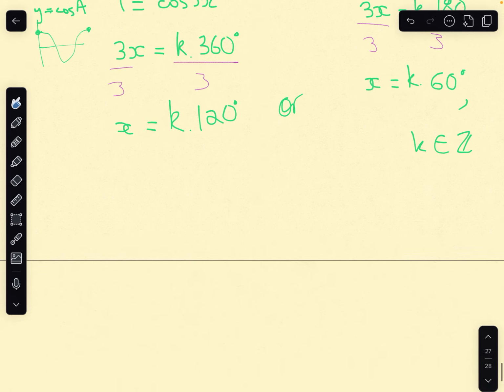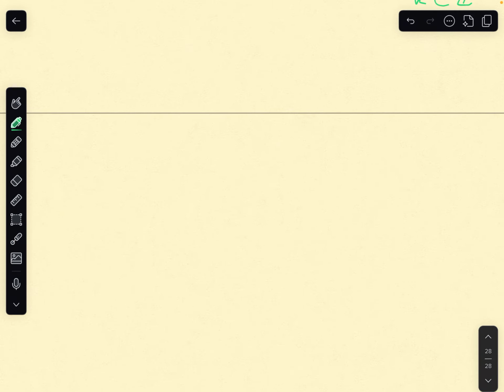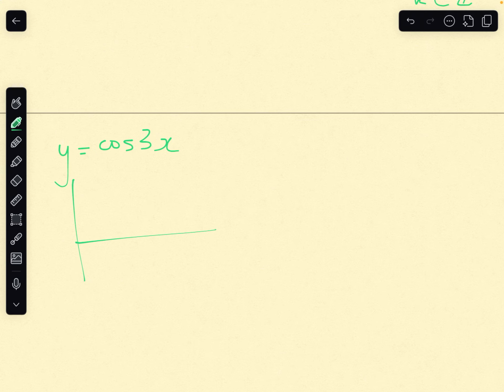Whereas if you wanted to sketch directly y is equal to cos 3x, that would be a cos graph whose period has been shrunken by a factor of 3. So instead of going from 0 to 360, one period, it'll go from 0 to 120, and then it'll go again until 240 would be the next time the period ends. And so it goes.